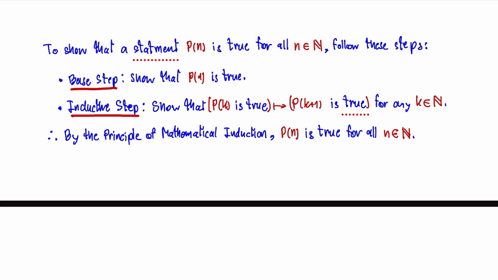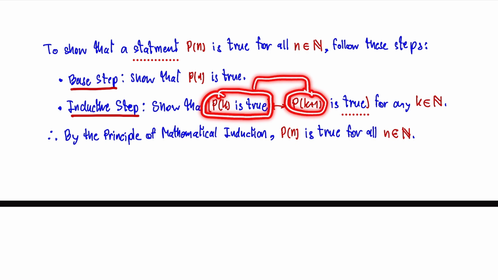Once you have the first step, the base step, the second step is the inductive step, which is to show that if Pk is true, then Pk plus 1 is true for all positive integers k. So we have to assume that Pk is true and find a way to show that Pk plus 1 is true.